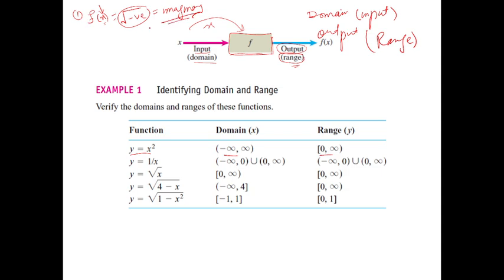For domain, the input value must give the real result, not the imaginary one. Remember this one. If there is a negative value inside the square root, you have to avoid that value, for which the function gives a negative value inside the square root.